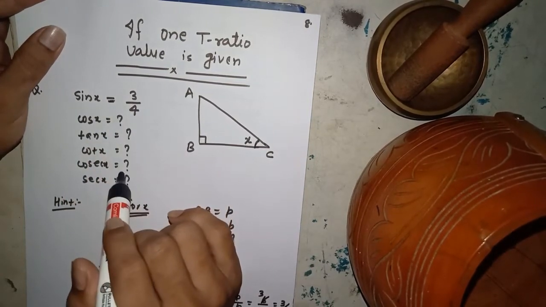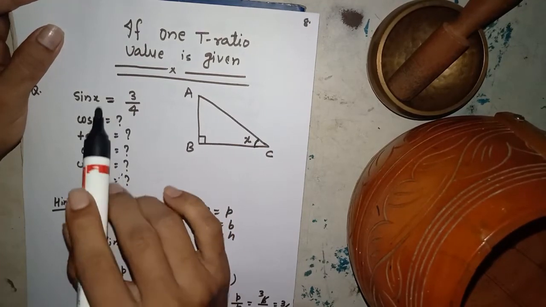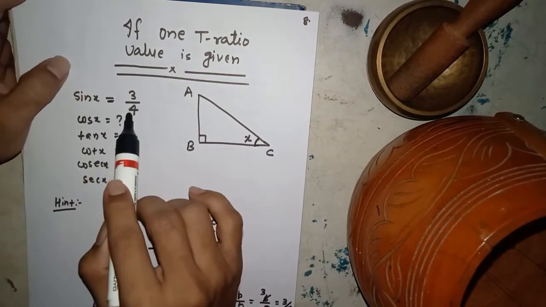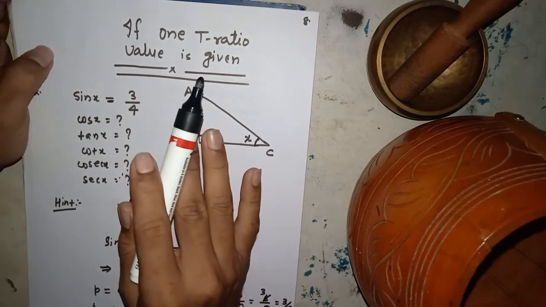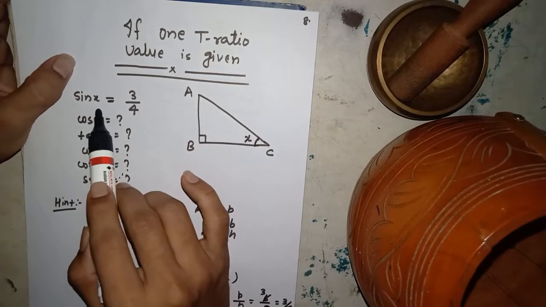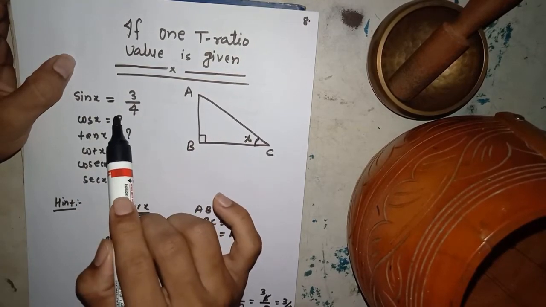How can we find the other trigonometric ratio values? We don't need to bother about what is the angle x for this value 3 by 4. Here it is not our consideration. So ignore it, for what value of angle sine will be 3 by 4.